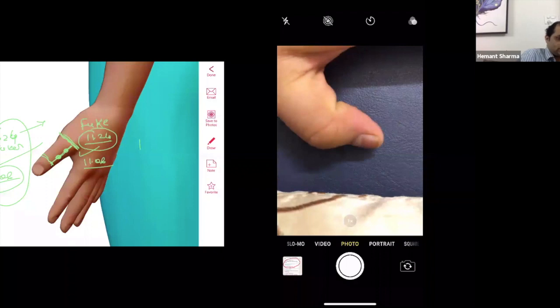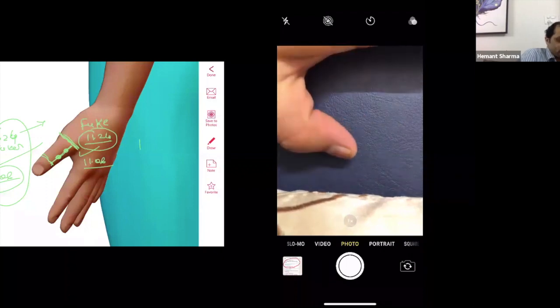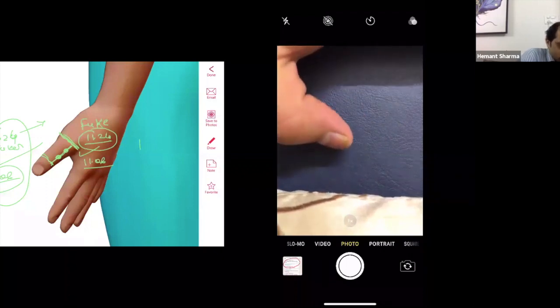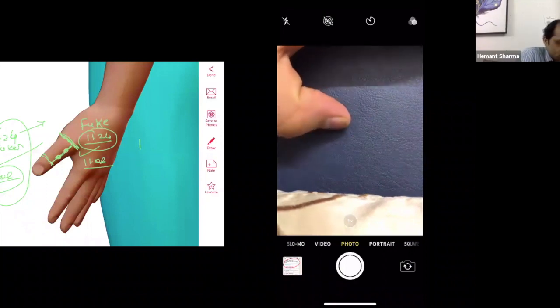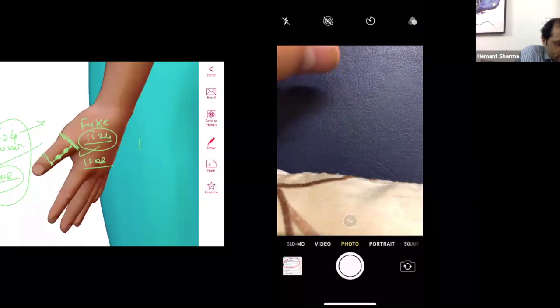So look at the thumb. Whenever we are putting the needle, first we search for 2 points at equal distance. We can see here, this is just adjacent to the bone. This is point number 1.